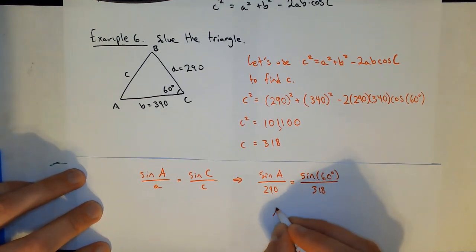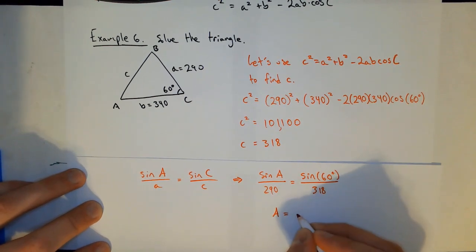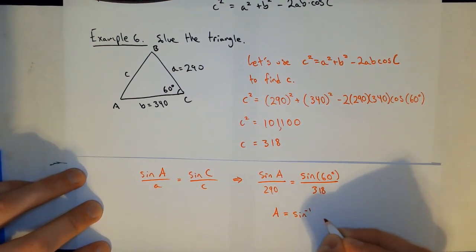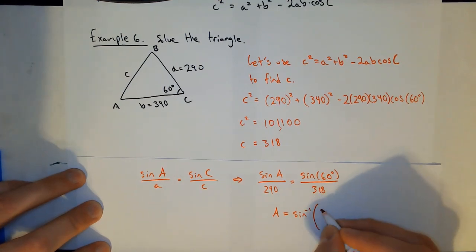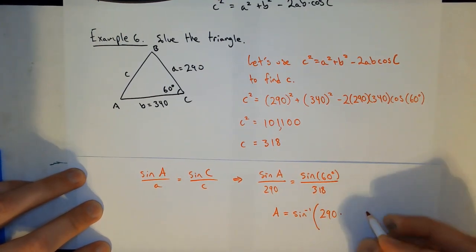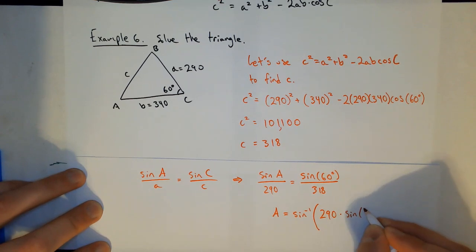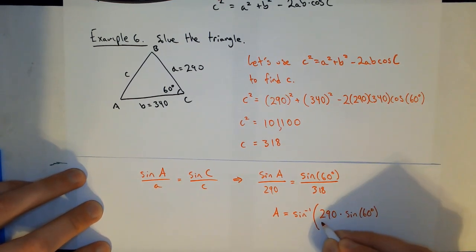So angle A is going to be equal to sine inverse of all of this stuff. So I'll say sine inverse, I'll multiply by 290 times sine of 60 degrees all over 318.